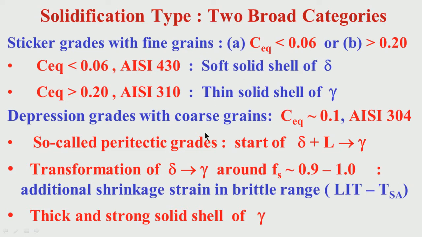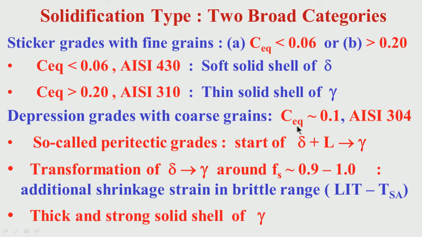Now I have mentioned which chemistry is prone to depression. Depression grades, as I have also mentioned, means there is formation of an air gap on the surface of the solid shell, so the heat transfer comes down and the cast dendrites and grains become more coarse.